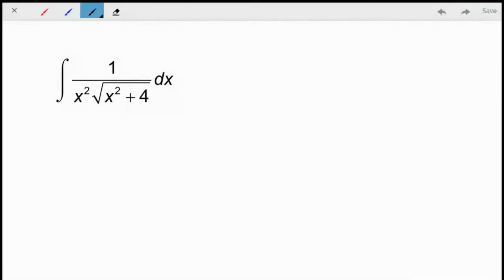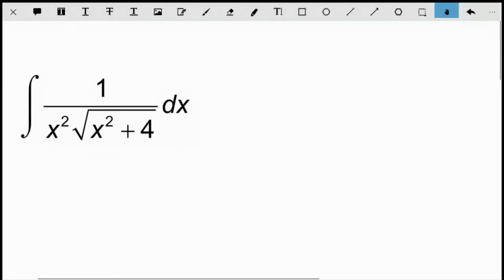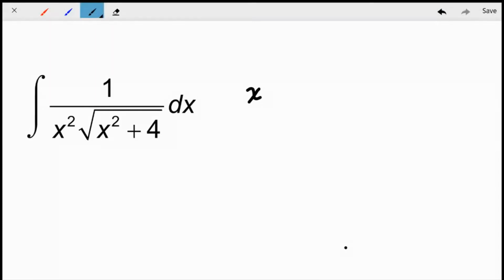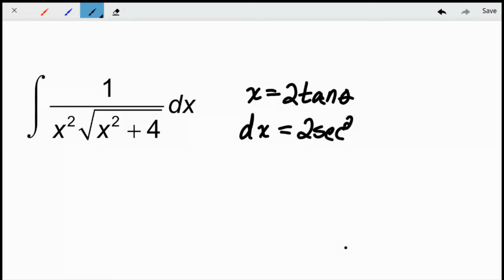And so what I'm going to do here is let x be equal to 2 tangent theta. In this case, x would be 2 tangent theta, and that means my dx is going to be 2 secant squared theta d theta.